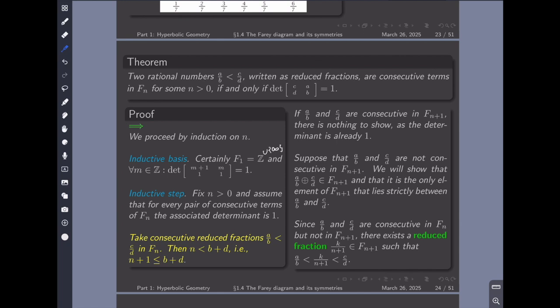First of all, since they are consecutive in Fn, when I consider their naive sum, the denominator being b plus d, sorry.